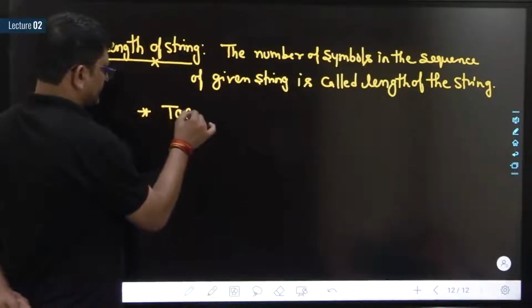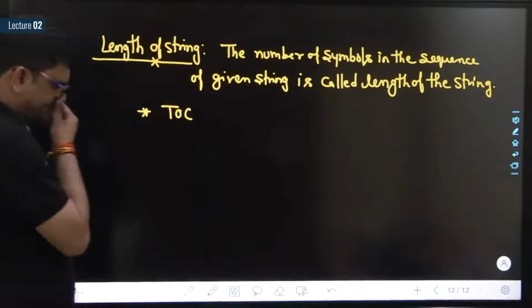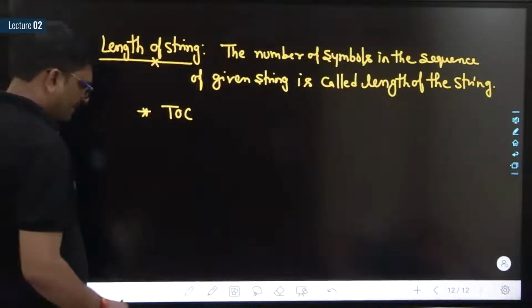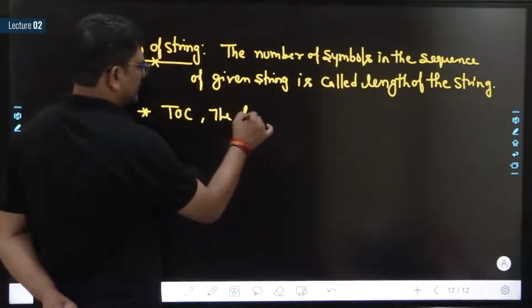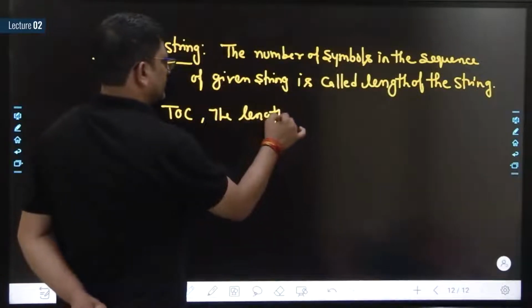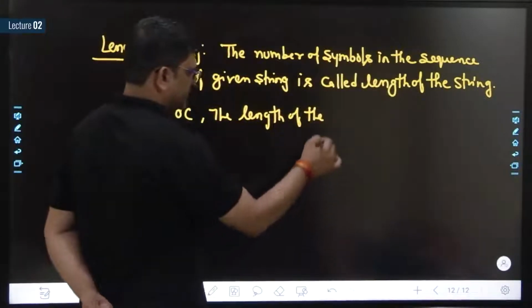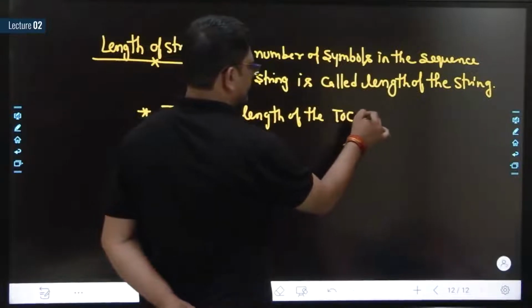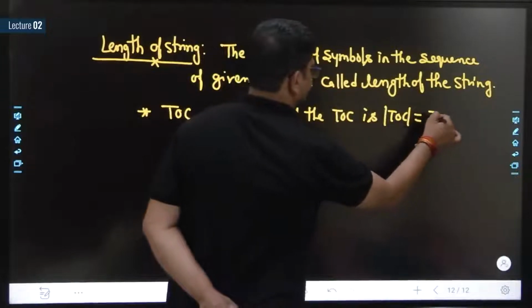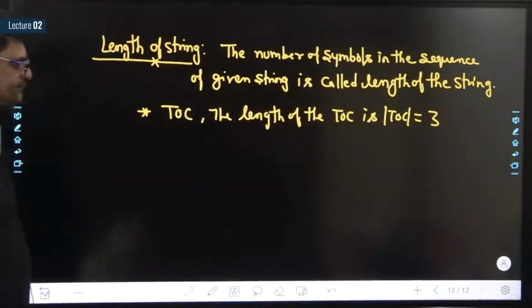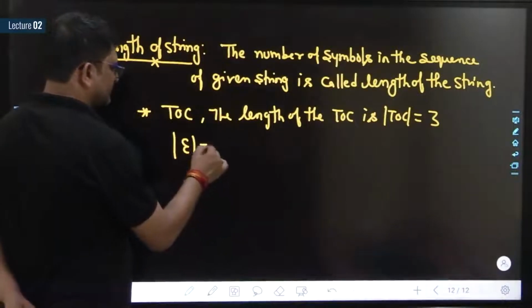For example, TOC. The length of TOC is mod TOC equal to 3. Length of epsilon is 0.